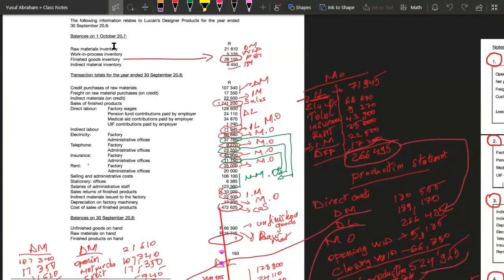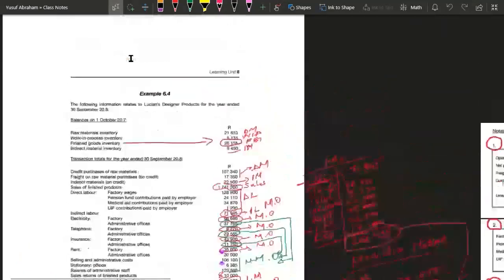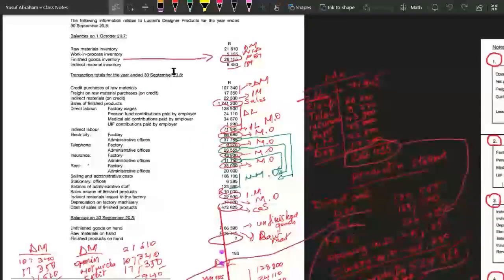When you read raw material inventory, you know that you are dealing with direct material. Work in process inventory. But remember, these are the balances. Balances in October of 2007. What does that mean? This is the opening balance.